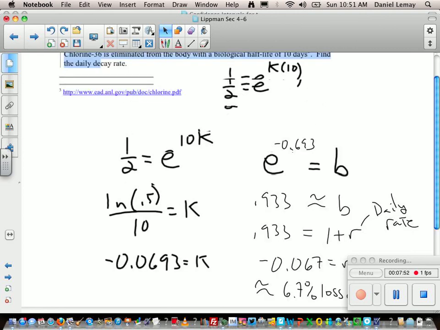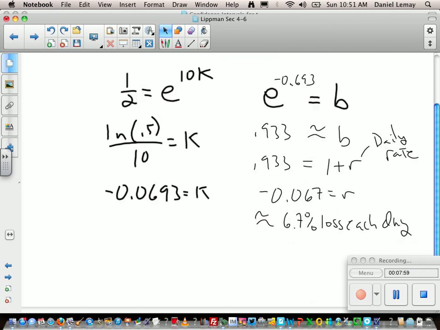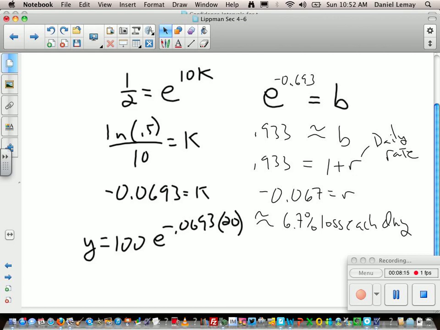If I had to use this equation to make a prediction, like how much is left in 20 days, I could use either equation now, and I wouldn't have to do anything too fancy. I'd have to say 100 times e to the negative 0.0693 in 20 days. I'd stick 20 in for t and then crunch it out on my calculator. Okay, so I hope that helps.